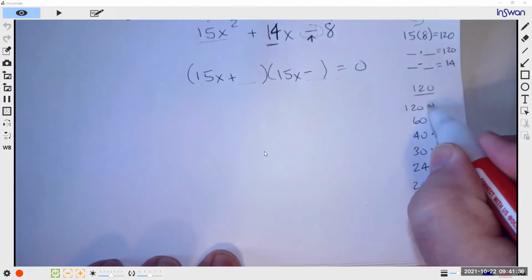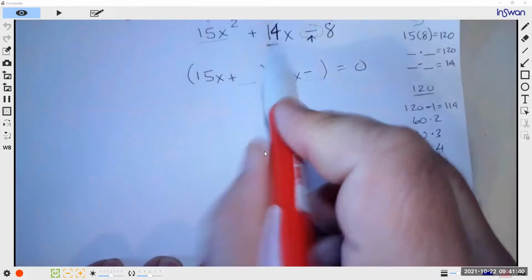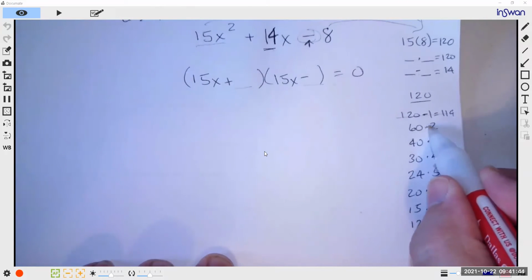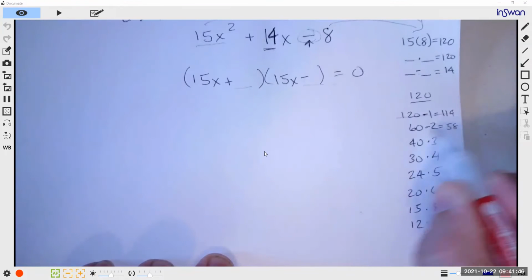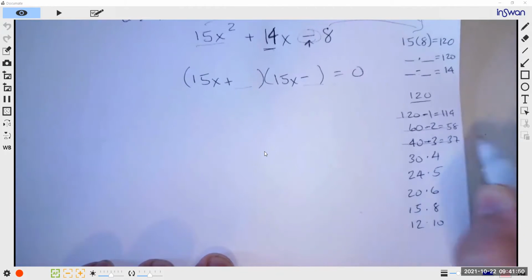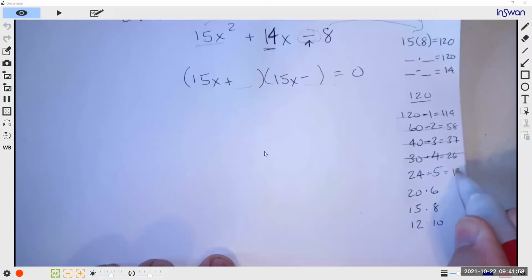Now, when we subtract them, 120 minus 1 is 119. We need to get 14. Nope, that doesn't work. 60 minus 2 is 58. Nope. 40 minus 3 is 37. No. 30 minus 4 is 26. Nope. 24 minus 5 is 19.